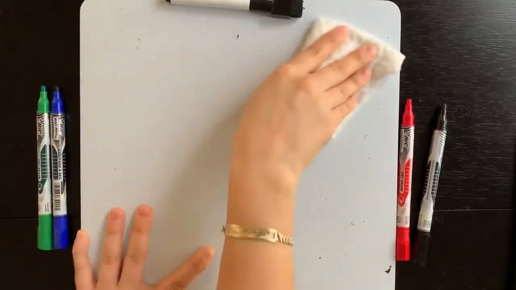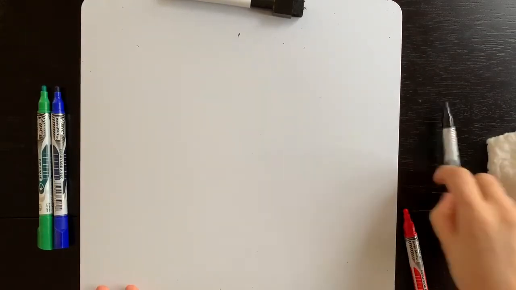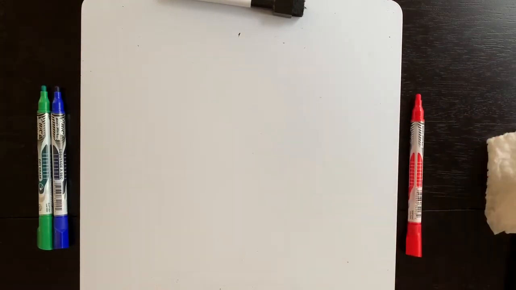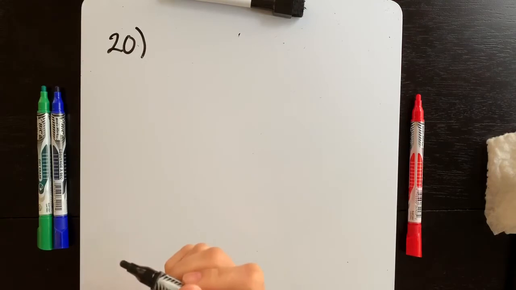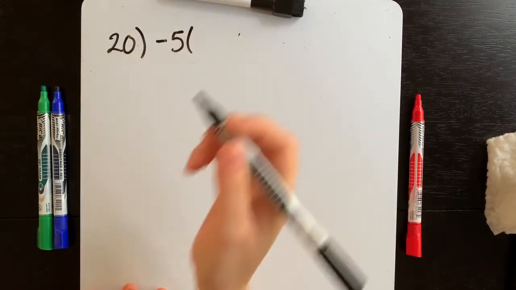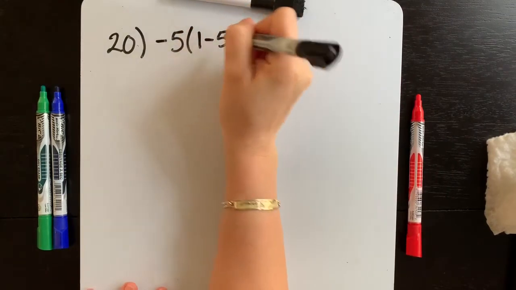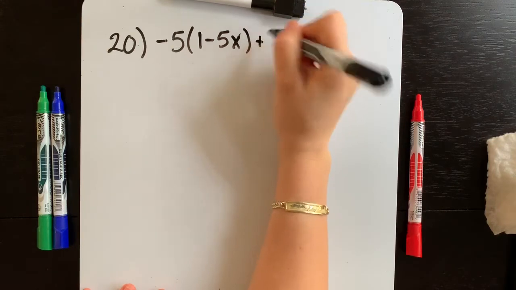Okay, we'll do one more. So let's do, I'll do question 20, which says, this is a long one. So we have -5 times 1 minus 5x. Oh goodness, I'm not gonna have space.